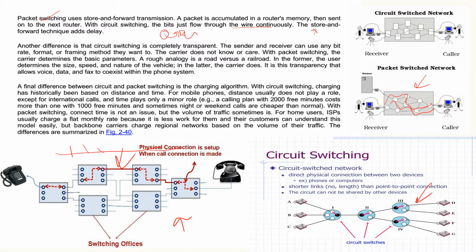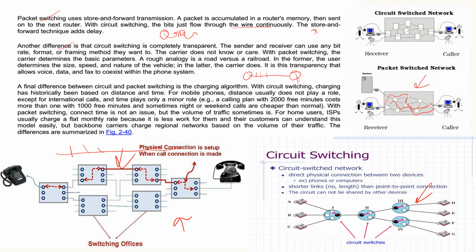Another difference is that circuit switching is completely transparent. The sender and the receiver can use any bit rate or framing method. Let me quickly explain. Once the line is established in circuit switching, you have to understand that I will send bits at this speed, let's say 6 bits per second.